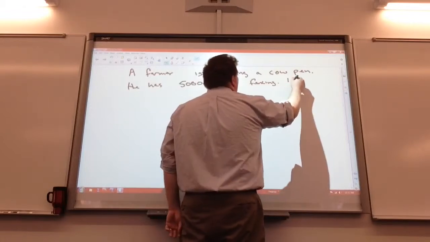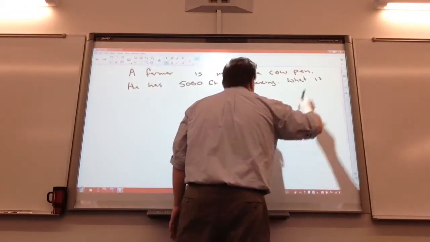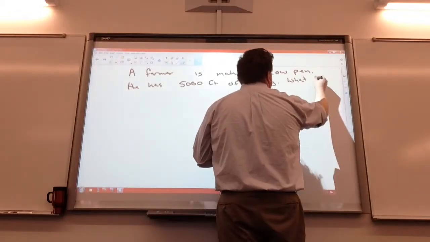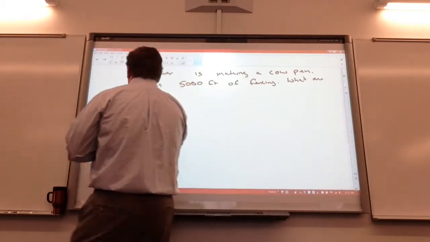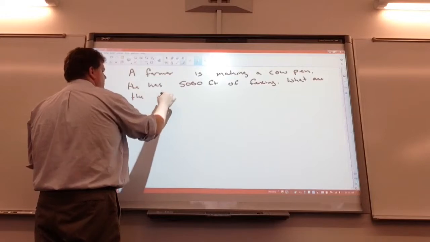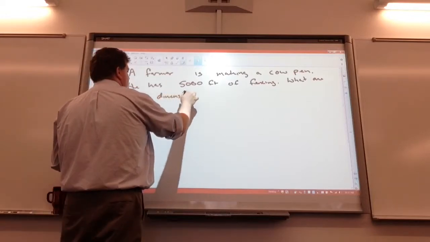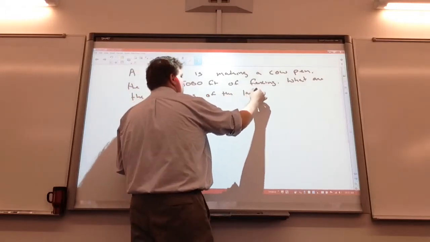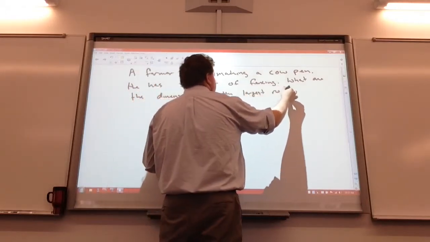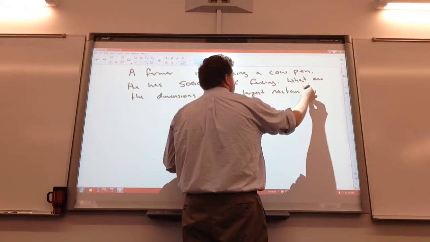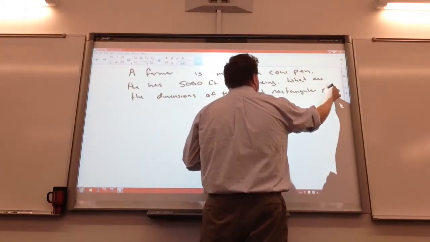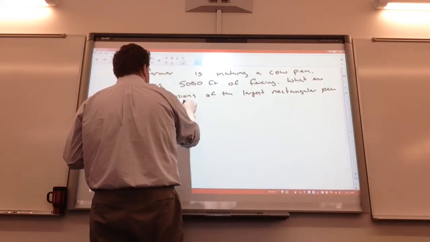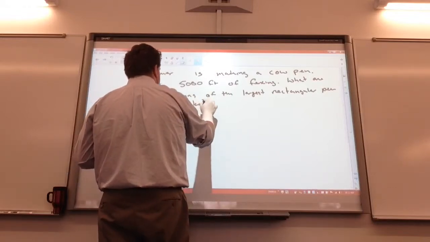What are the dimensions of the largest rectangular pen he can make?